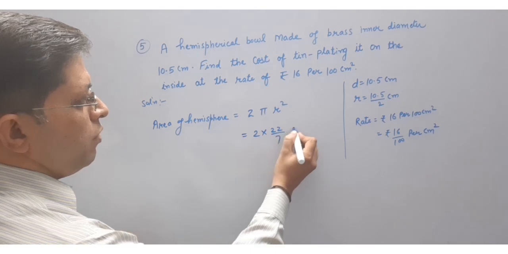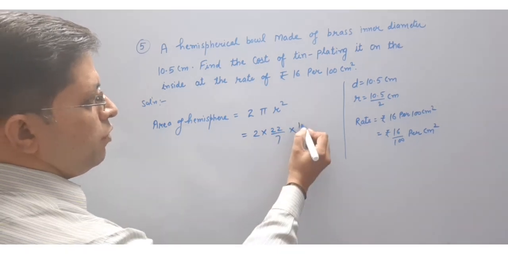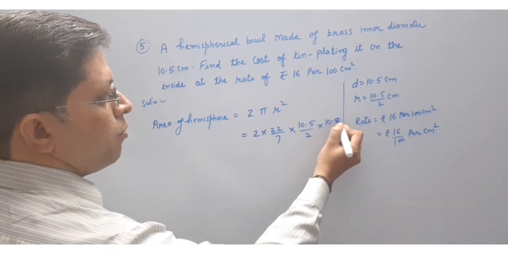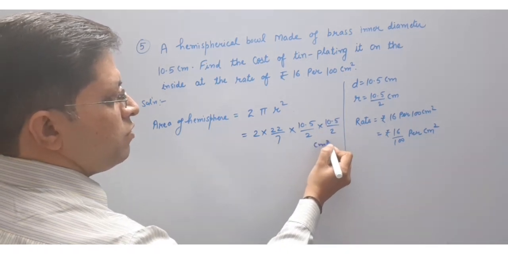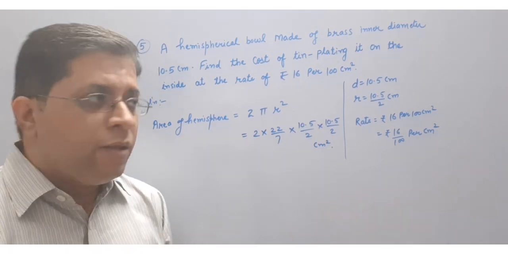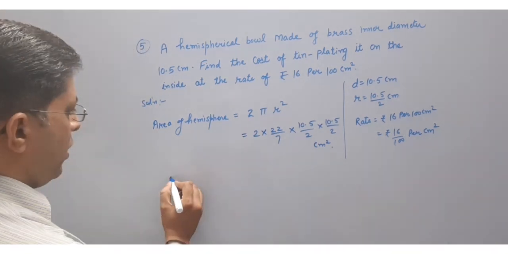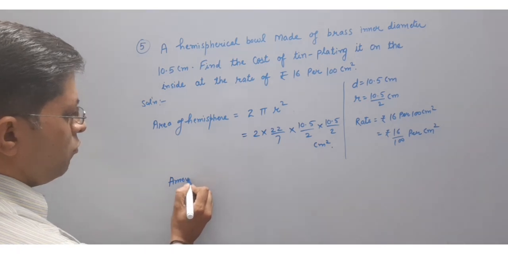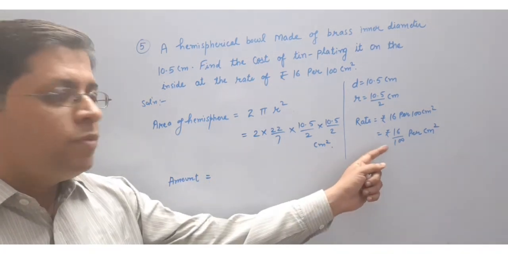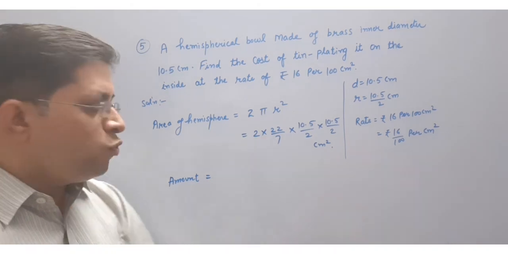22 upon 7, r is here 10.5 upon 2 into 10.5 upon 2, this much centimeter square. And how much amount you have to pay? For that, you have to multiply it by the rate per centimeter square.